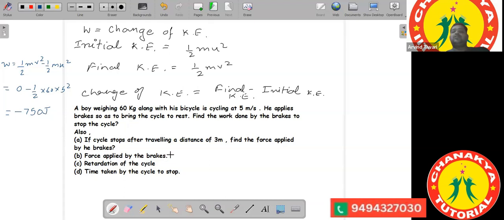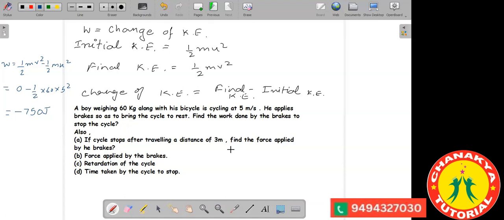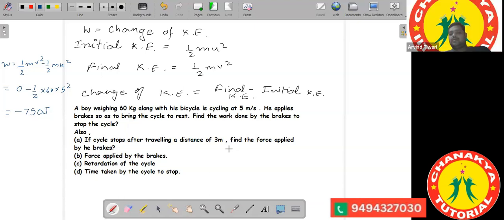Now, if the cycle stops after traveling a distance of 3 meters, find the force applied. 250 Newton. Yes. If you apply the formula of work as force times displacement, we already know the work done, which we have obtained as minus 750.